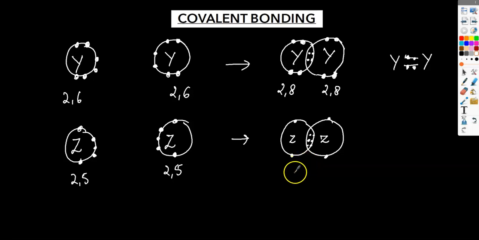Here you have seen 3 shared pairs, and the electronic configuration would be 2,8 for each. What you see is triple bond formation in this compound.